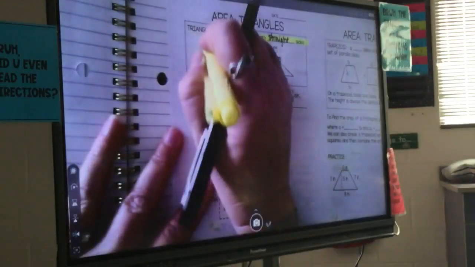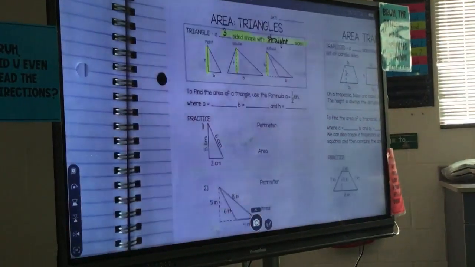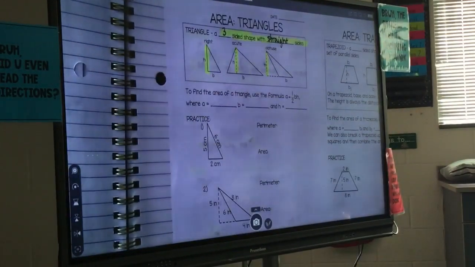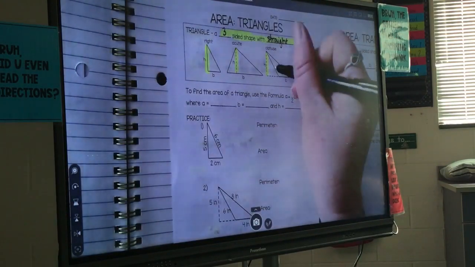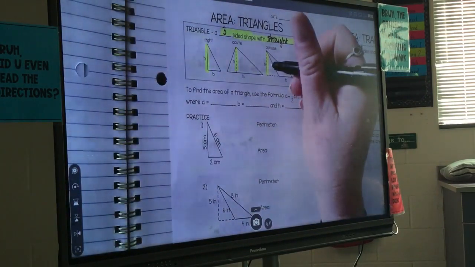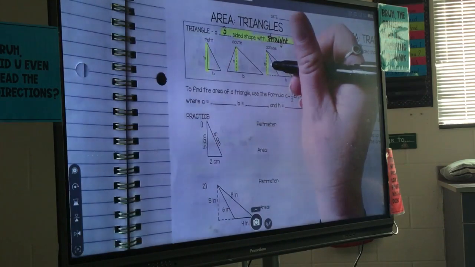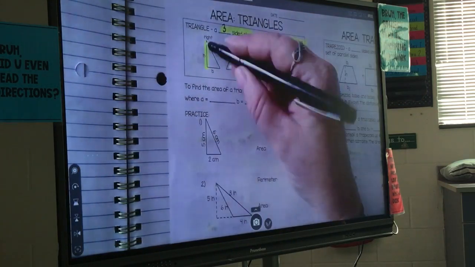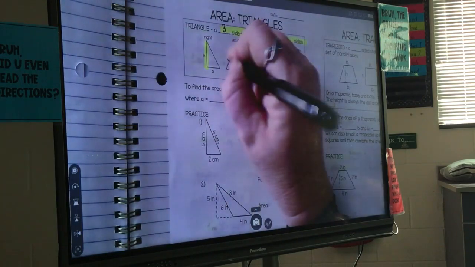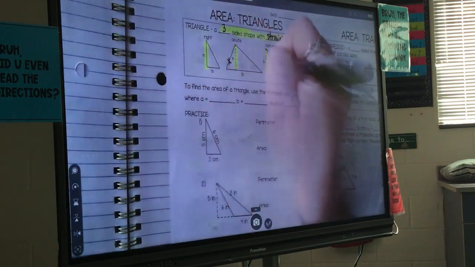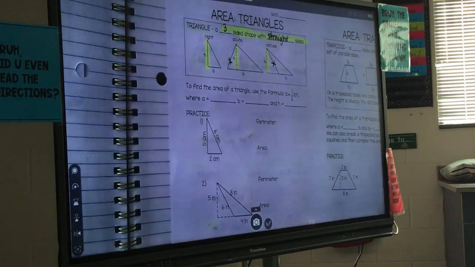Technically, what is still your height? So do we use the slanted ones or do we use the dotted straight up and down lines? Dotted straight up and down lines. Now obviously this one is just a straight up and down line. So you're not using the slants for your height. You're still using just a straight up and down line.